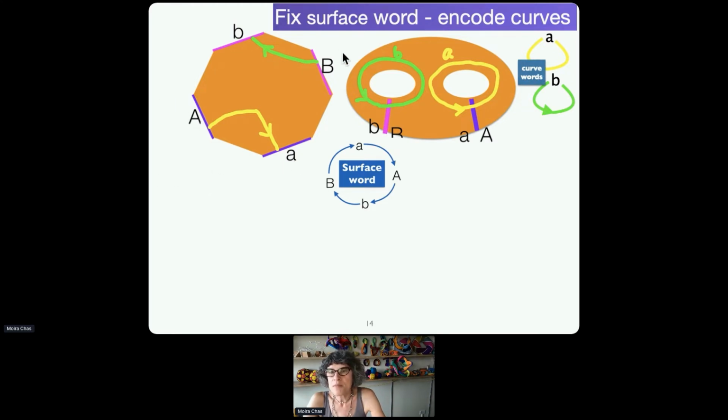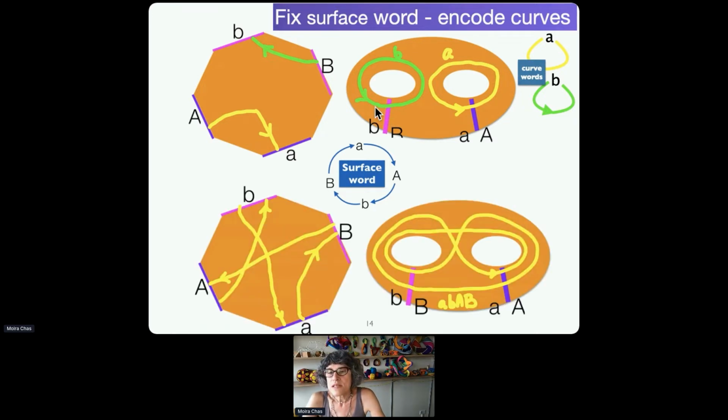Here we have A, B, and this green curve, I'm going to label with a B. It's like a ring of letters, a ring with only one letter, B. Same with the A. This word here, I start here, let's do A, come around, then small b, come around, then capital A, and then capital B. Notice that I choose the capitalization by the side of the cut that I first hit. And then I get a curve word.